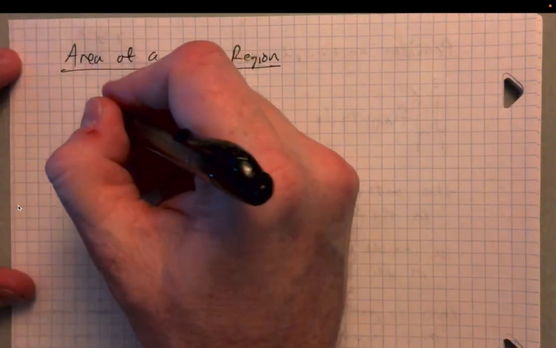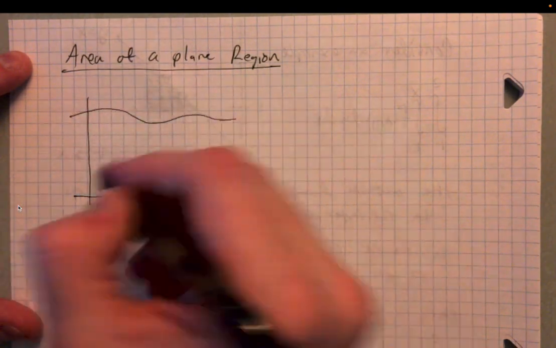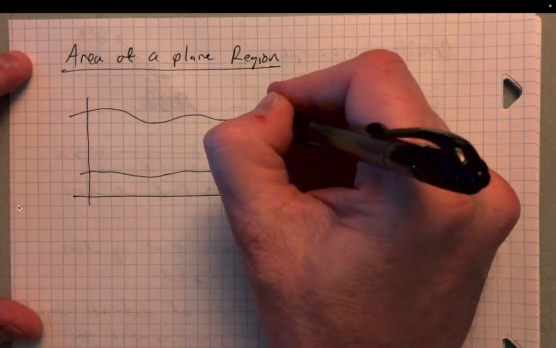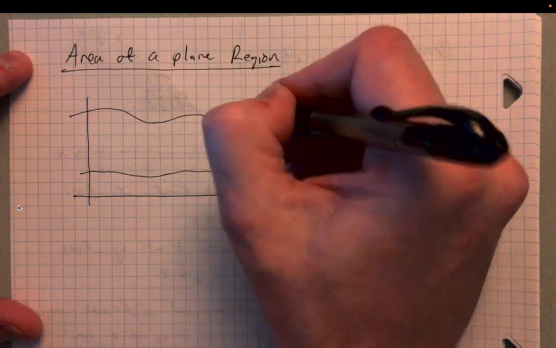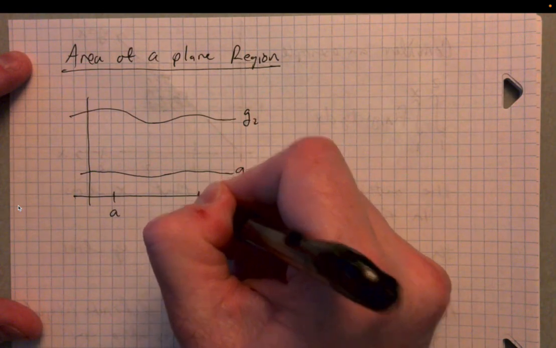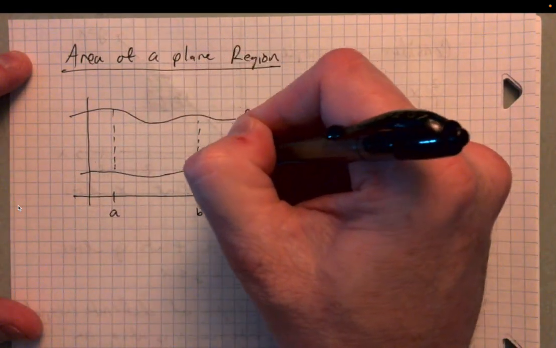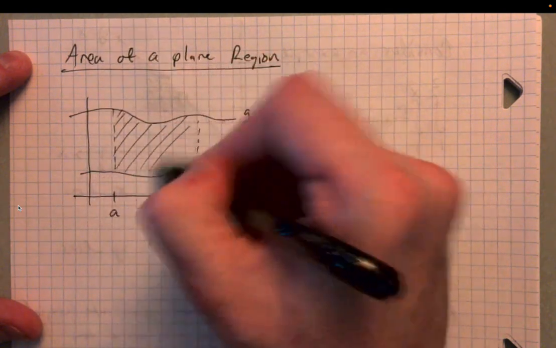Specifically, we had this example where I have two functions, a g1 and a g2, and maybe I'm interested in the region from a to b between these two functions. So I'm interested in this region.